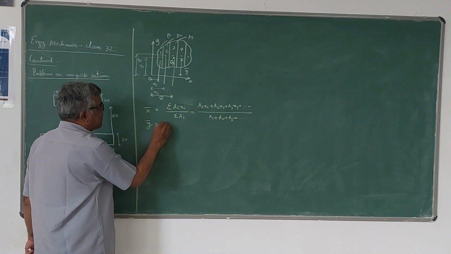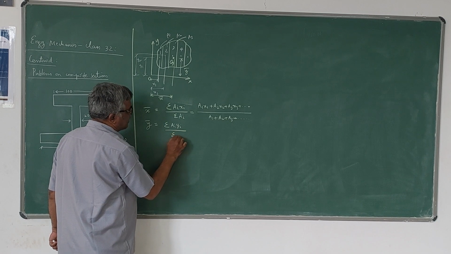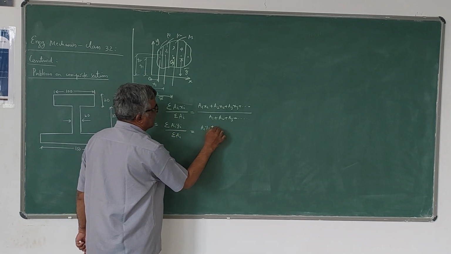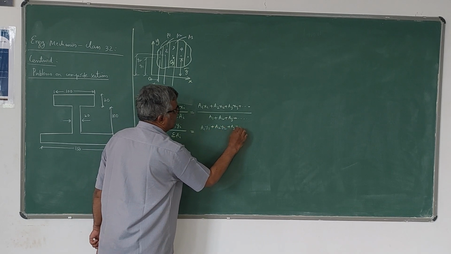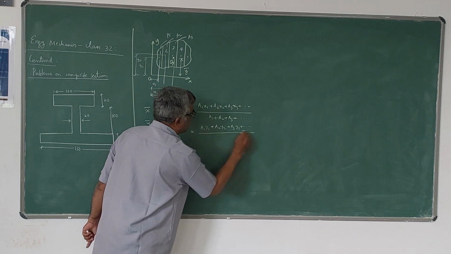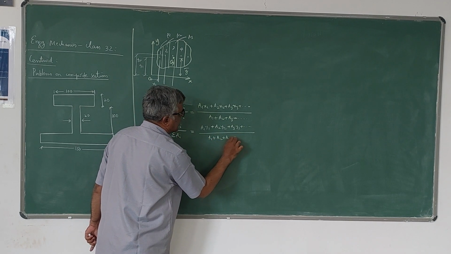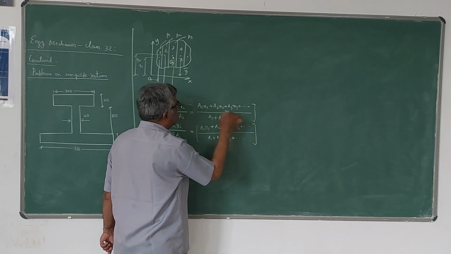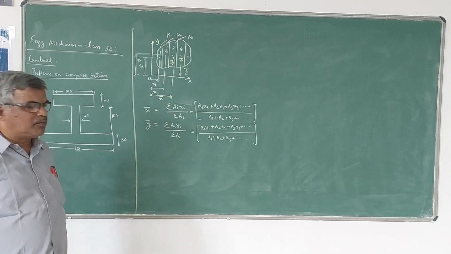Similarly, y bar is given by summation ai yi divided by summation ai. Here also it is a1 y1 plus a2 y2 plus a3 y3 etc., divided by a1 plus a2 plus a3 etc. So using these two discrete formulae, you can locate the centroid of the composite section.